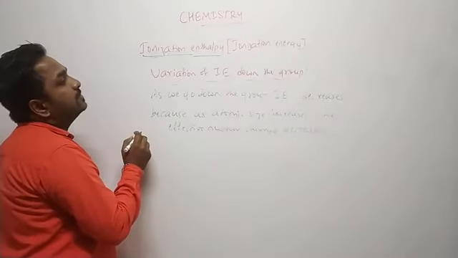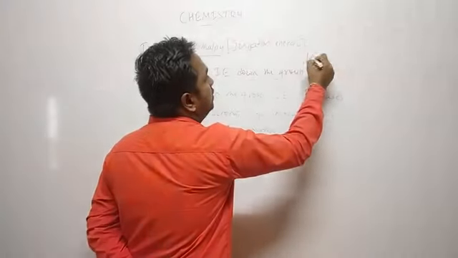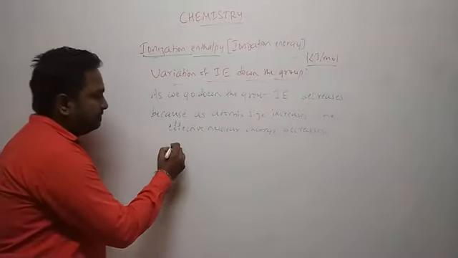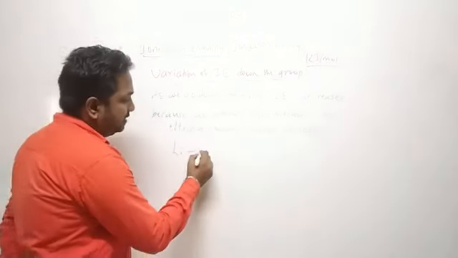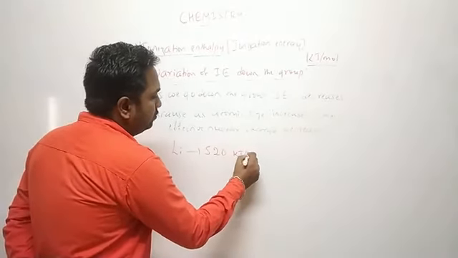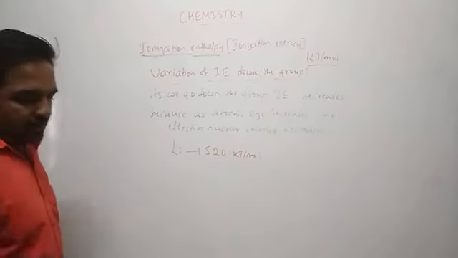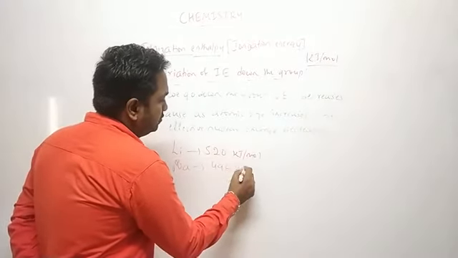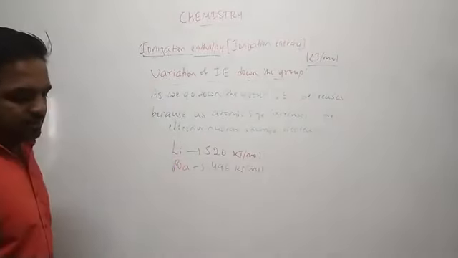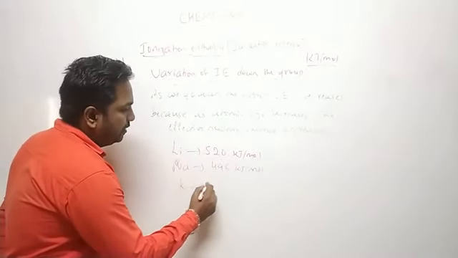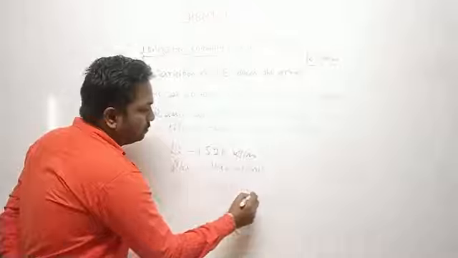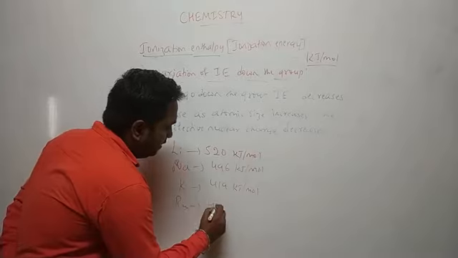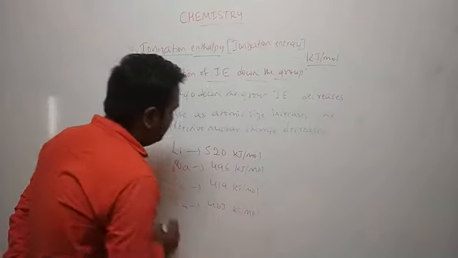So lithium's ionization enthalpy is 520 kilojoules per mole, sodium (Na) is 496 kilojoules per mole, potassium is 419 kilojoules per mole, and rubidium is 403 kilojoules per mole. Observe this trend.